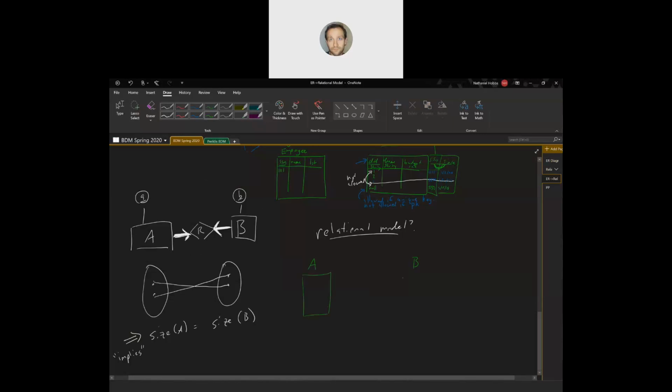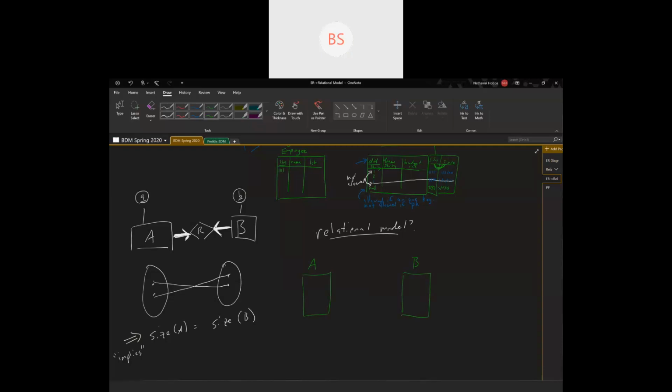I'll just use tables A and B. So I feel like if you were to make A have a primary key and then B have a column where the primary key is the foreign key to A's primary key. I don't know if that makes sense. Like this. Yeah, kind of.